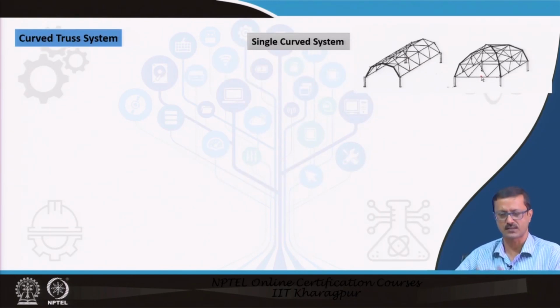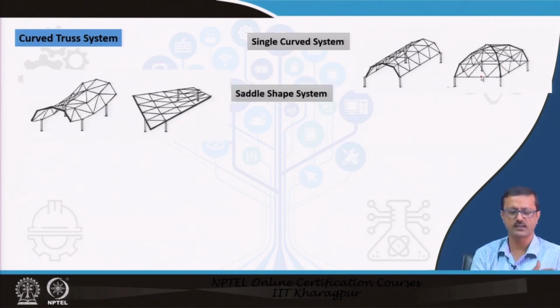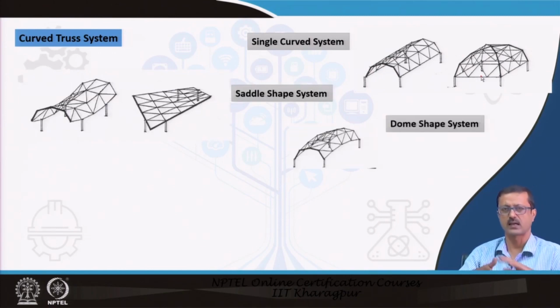The third one is the curve system. The curve system has four typical types. We have the single curve, we have the saddle kind of curve, where there are changes of the slope also.